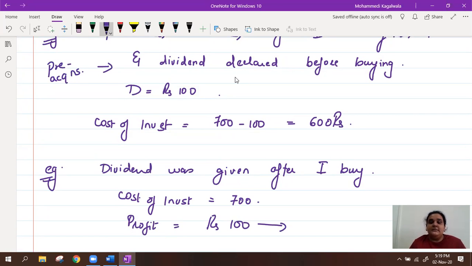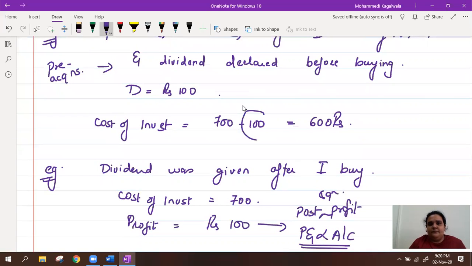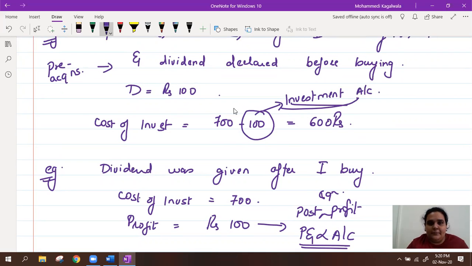So this profit is a post-acquisition profit. Generally, anything which is a post-acquisition profit, I put it in my profit and loss account, simple. And whatever is my pre-acquisition, I put it in my investment account. If you understand these two things, investment account and profit and loss account, your consolidation will get over.